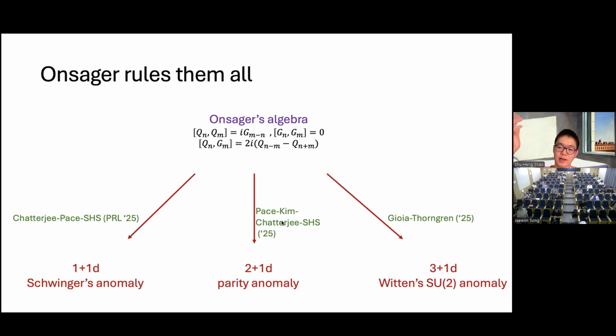The UV theory could be a lattice, could be a continuum, it doesn't really matter here. When you go from the UV to the IR, in the strict IR you might have some symmetries that the UV theory doesn't have. An emergent symmetry is a symmetry in the IR that doesn't come from any exact conserved quantity in the UV.